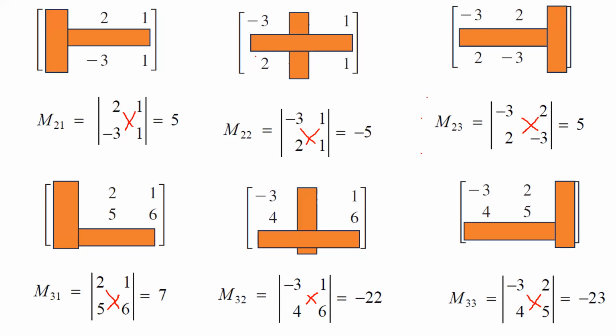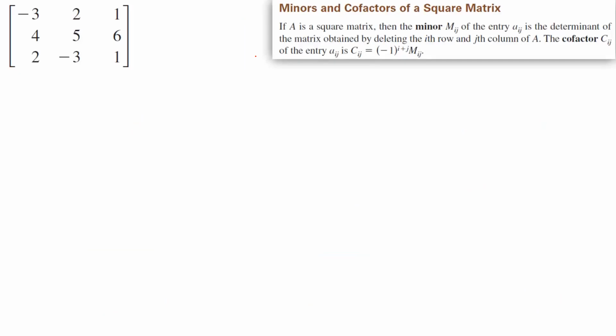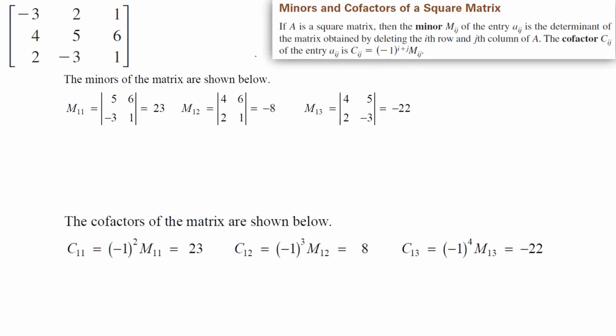Now that we calculated all of these minors, we are ready to find cofactors. So remember the definition of cofactor. C sub i j is equal to negative 1 to the power i plus j times m sub i j. Remember, m sub 1 1, or the minor for the first row, first column, was 23.